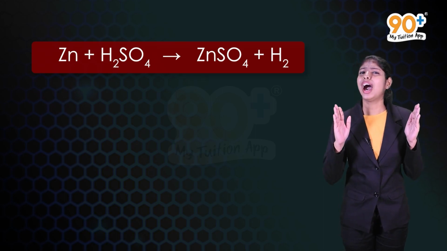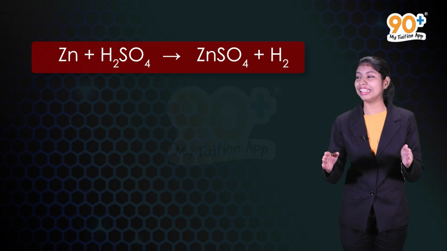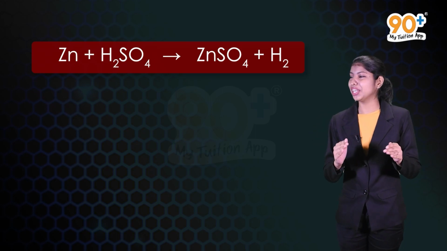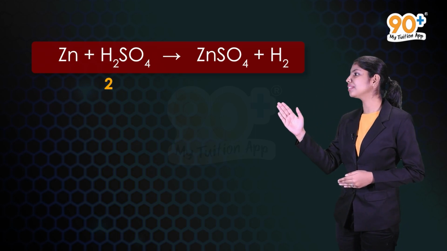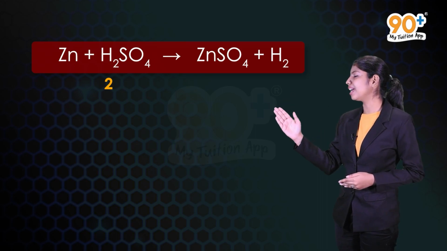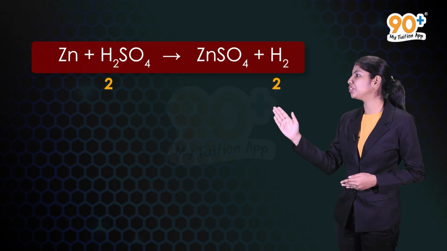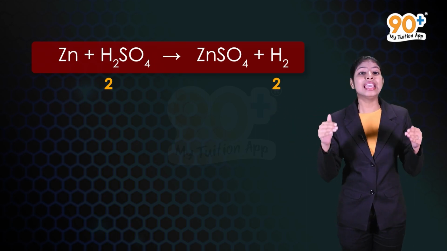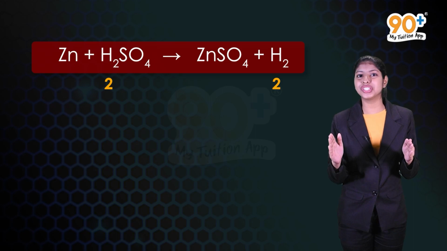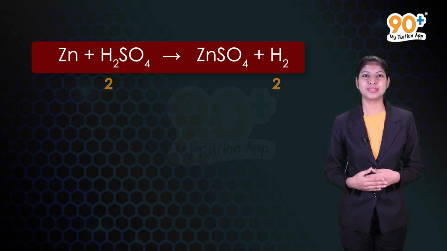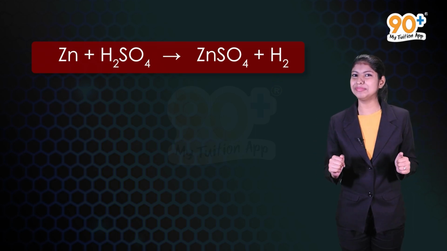Now let's check how many hydrogens are present on the left hand side. Here you can see there are 2 hydrogens on the left hand side, and the RHS also has 2 hydrogen atoms. So in this equation, hydrogen is also balanced. What about the sulfur atom?